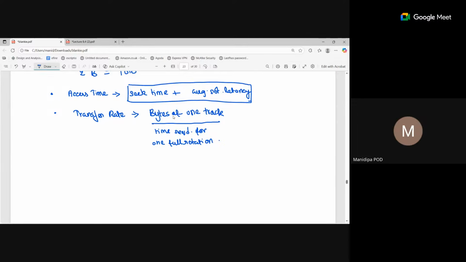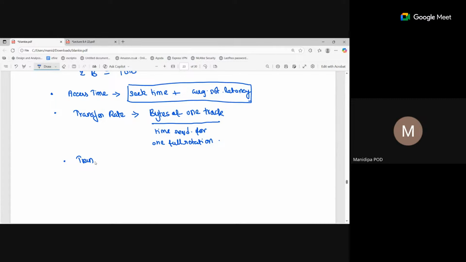Whatever number of bytes are stored in that track in the form of sectors, divided by that, will be your transfer rate. That is, this many bytes can be transferred in this much time. So in one complete rotation, how many bytes can you transfer? That's your transfer rate.